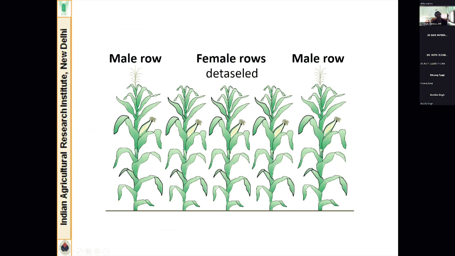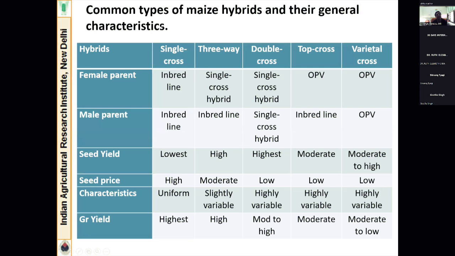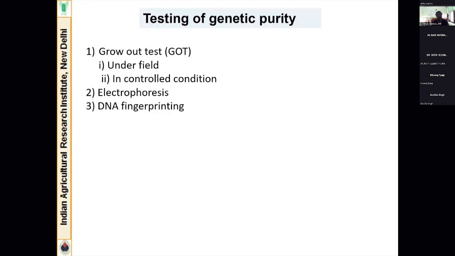These are being detasseled, and the harvested produce from the female rows are hybrids. So these are some of the characteristics of different types of single cross, three-way cross, double cross hybrid, or varietal cross hybrid. This I request the organizers to share with you so that you can better understand the different characteristic features in these different types of hybrids.